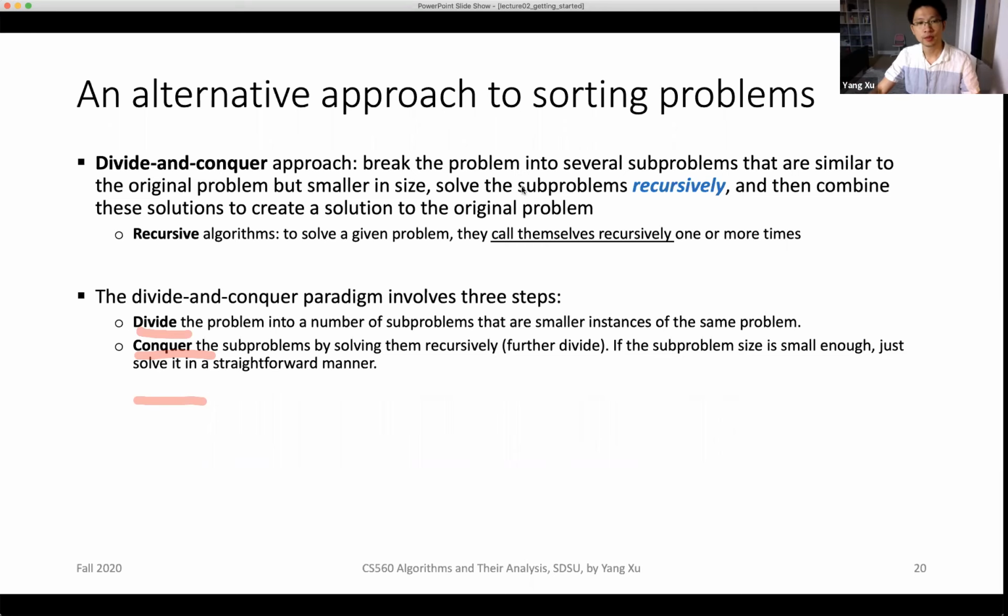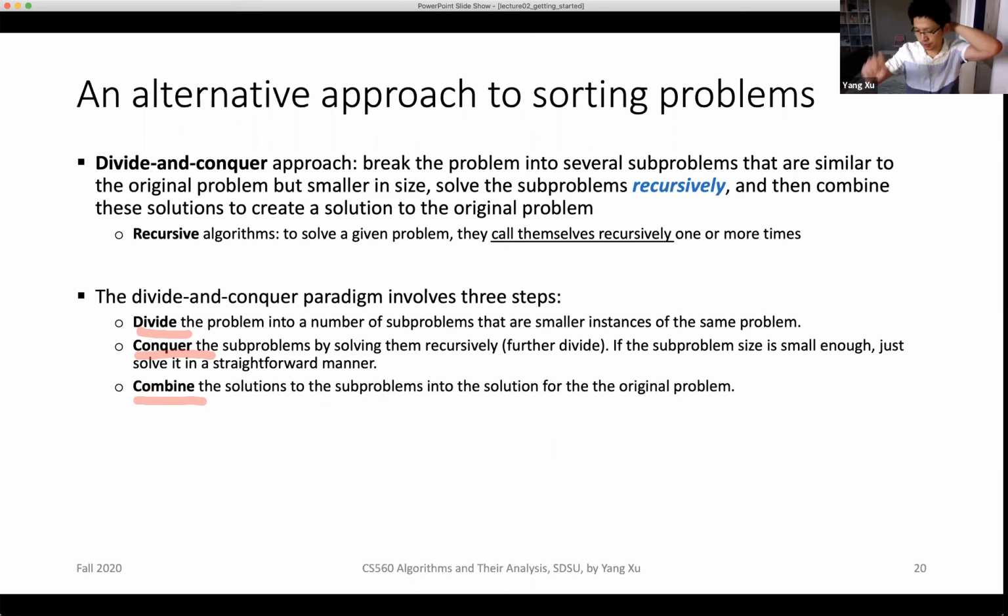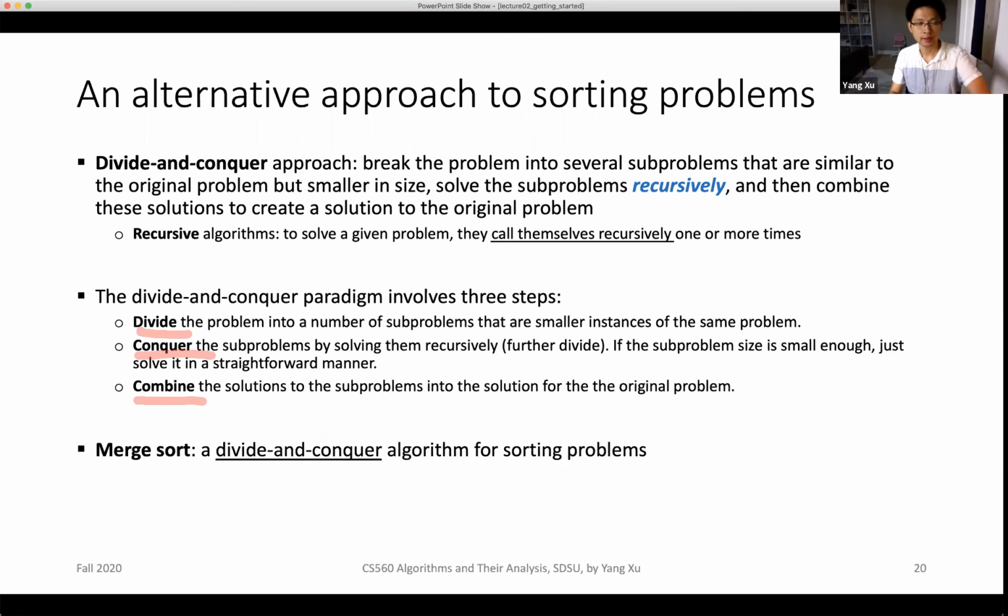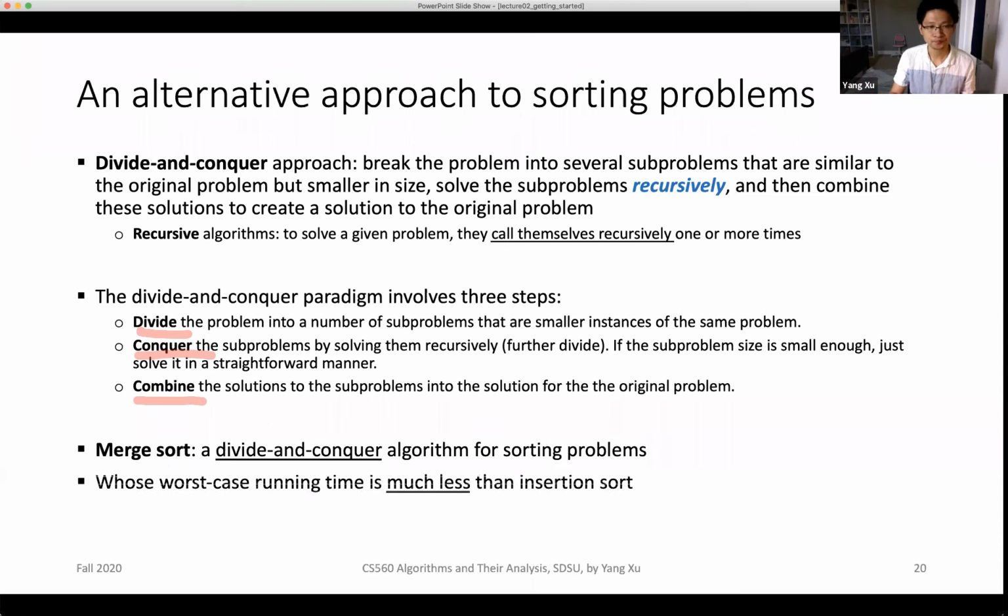These are rather abstract ideas. For the concrete problem of sorting, the merge sort algorithm that we are going to introduce today is a divide and conquer algorithm.